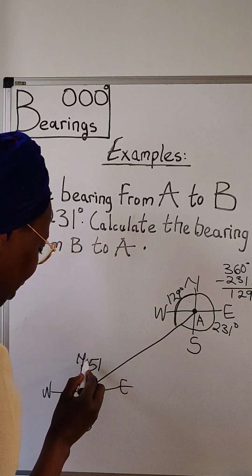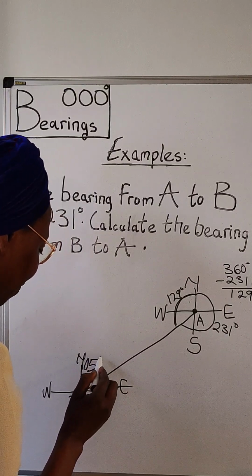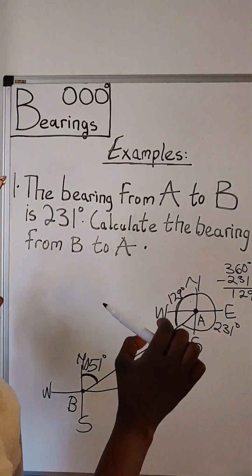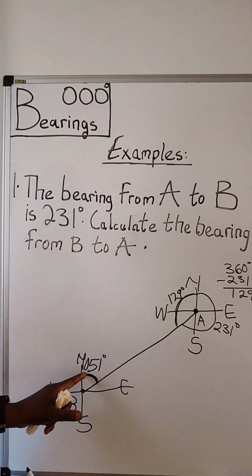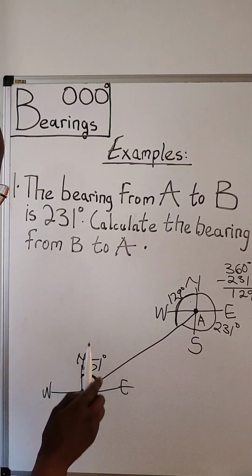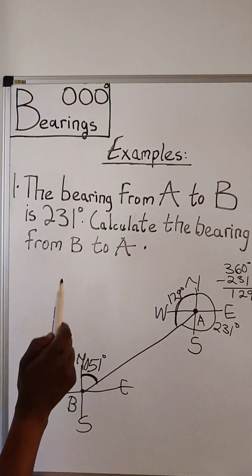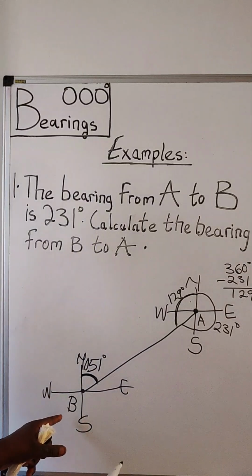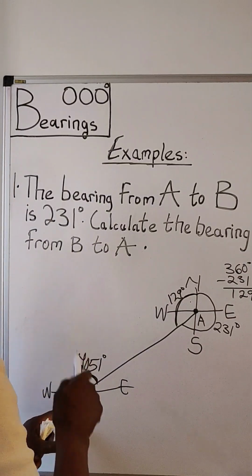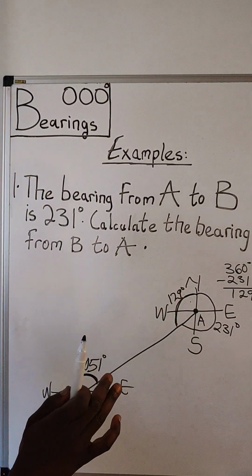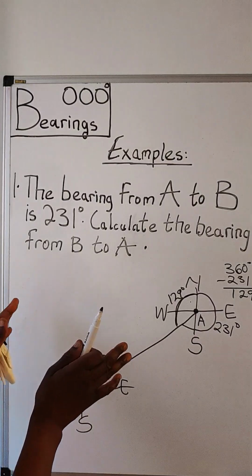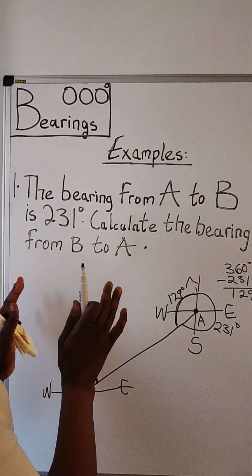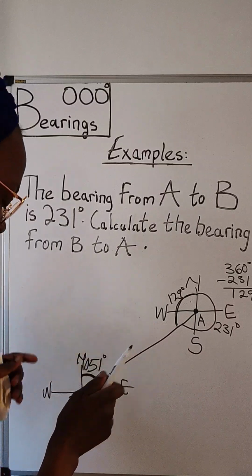And for bearing, it's going to be 051 degrees, to be written in 3 figures. So 051 degrees is the bearing of A from B, or the bearing from B to A. And this time around, it's been solved using the co-interior angle C method.